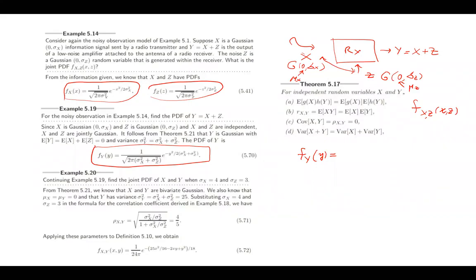Okay, you can continue and calculate the joint PDF of x and y for sigma x being 4 and sigma z being 3. You can easily calculate these values.